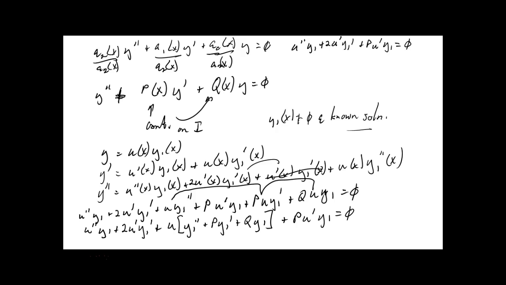What we have here is that we don't have the u term. The u term went away because we got all those here, and that was equal to 0.